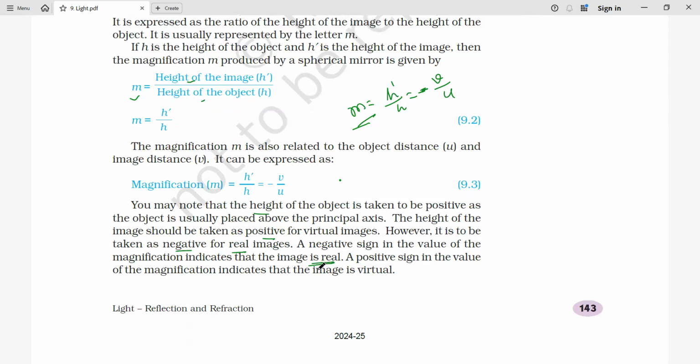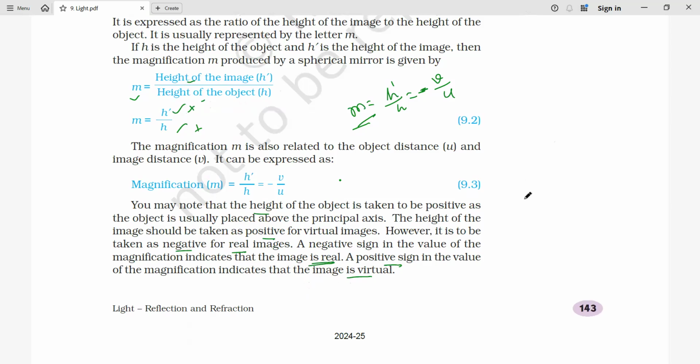If you get the negative sign, it means the object height is positive and the image height is negative, so finally magnification will have a negative sign, showing that it is a real image. Whereas a positive sign shows that it is a virtual image, since the height of the object is positive and the image height is also positive.